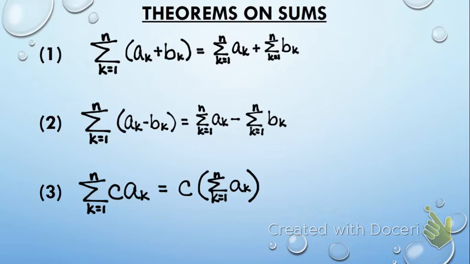You can find the sum of the sequence and then multiply by the constant instead of multiplying each term by the constant before you add them. You do not have to memorize these. They will make your life easier, but you can do it without these rules as well.